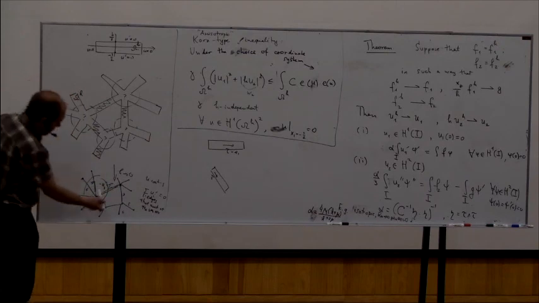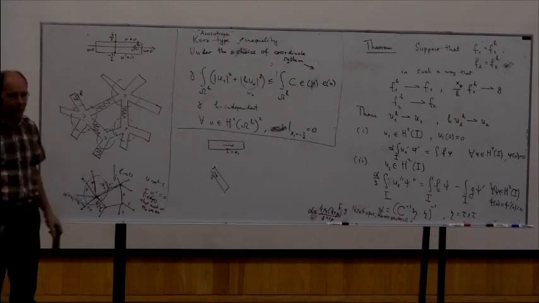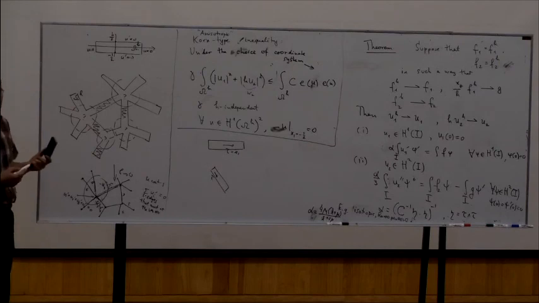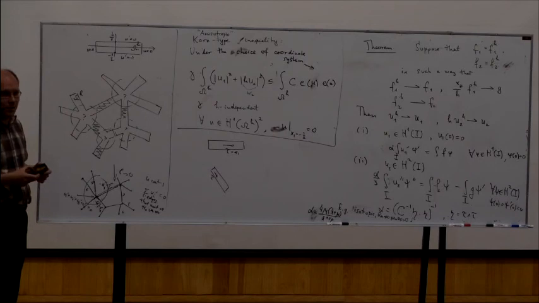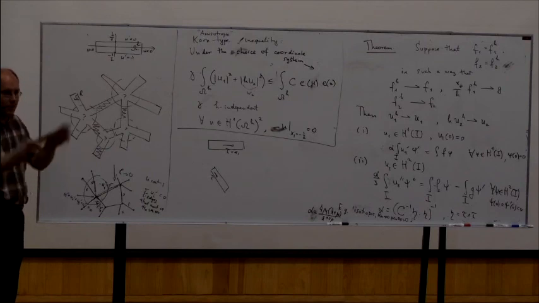And in the directions orthogonal or transversal to these links, some theory needs to be developed in order to describe what that partial differential equation means there. It turns out that you have to use a more general kind of Sobolev space. Have you heard about Sobolev spaces? No? Well, some of you, yeah.